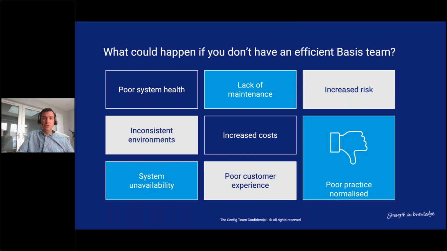The basis team should be encouraging best practices, not just across the basis team, but the wider SAP community. Some examples of poor practice which I've seen in the past: things like not having clearly defined processes. Even something that's quite simple for a basis role is moving transports. So having a defined process for moving them from development to quality to production.